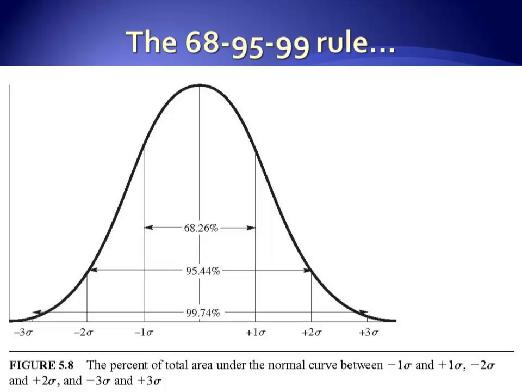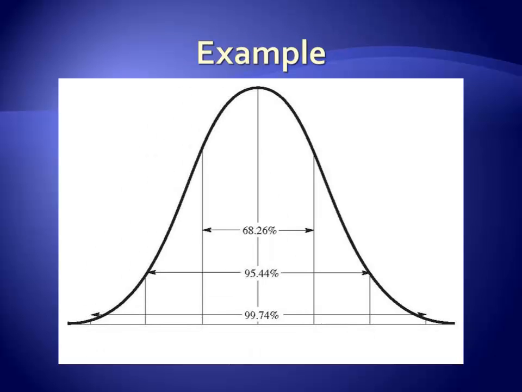The cool thing about this rule is that when a distribution is normal, just by knowing the mean and standard deviation of a variable, you can predict the probability associated with any particular value. For example, let's say we had an average score on an exam with a mean of 65 and a standard deviation of 10.